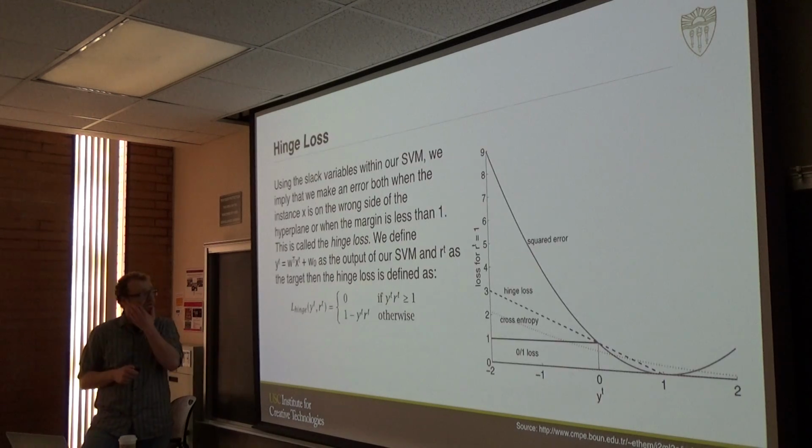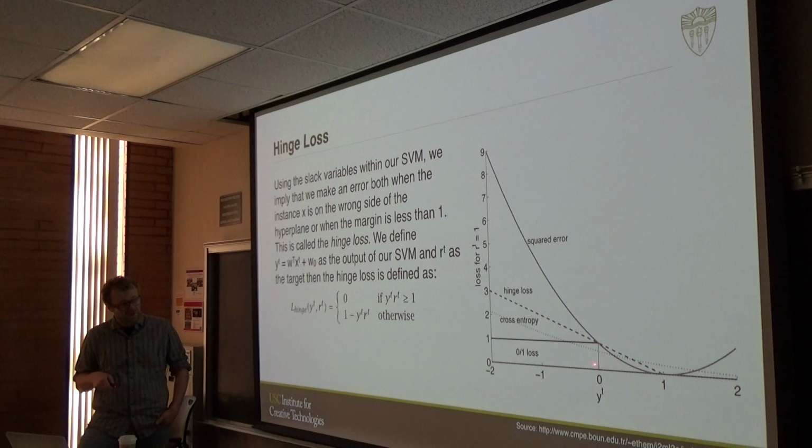And then this is what I mentioned earlier. Basically, using slack variables within our SVM, we imply that we make an error both when the instance X is on the wrong side of the hyperplane, as well as when their margin is less than 1. So basically, we use this hinge loss, where the loss is non-zero for the values all the way up to 1.